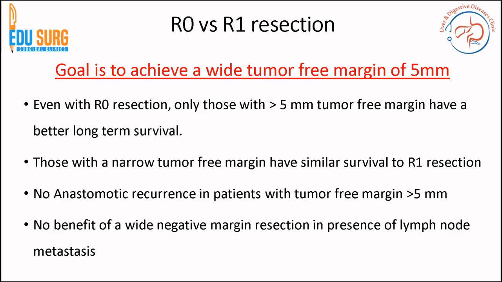However, it has been observed in studies that if the tumor margin is less than 5 millimeters, then the survival is similar to leaving microscopic disease behind, that is an R1 resection. So all efforts must be made to go as high up on the duct as possible so as to have a clear tumor-free margin of 5 millimeters.